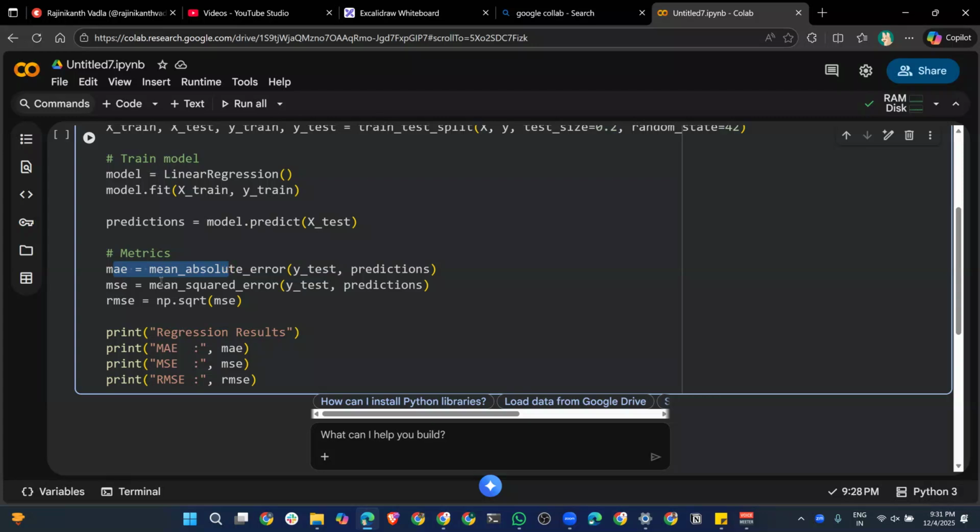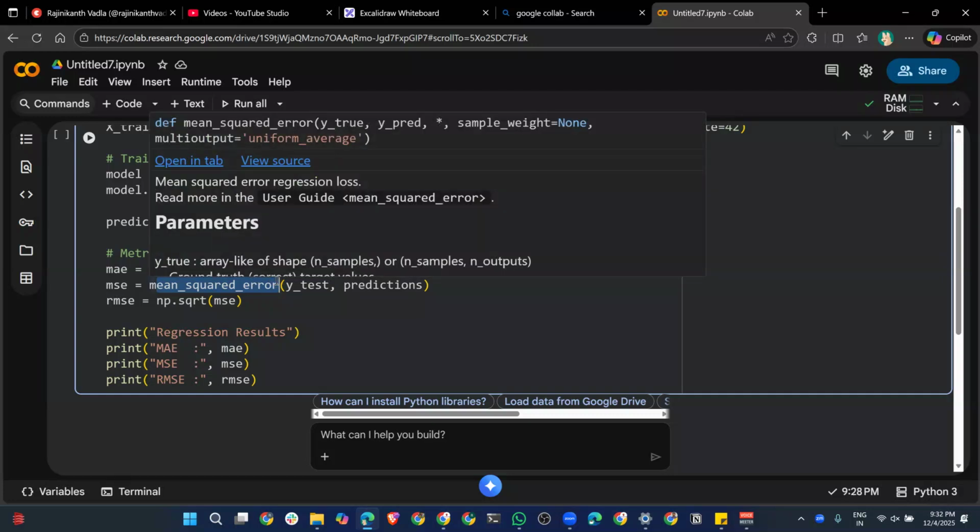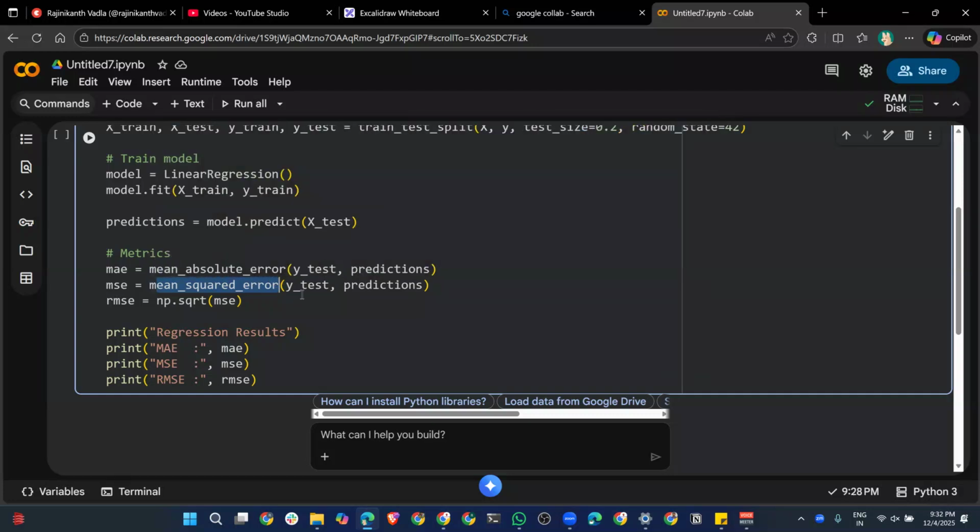And MSE, the mean squared error. This will actually penalize the large mistakes, so that it can try to find more accuracy. Okay, so RMSE is root mean square error.